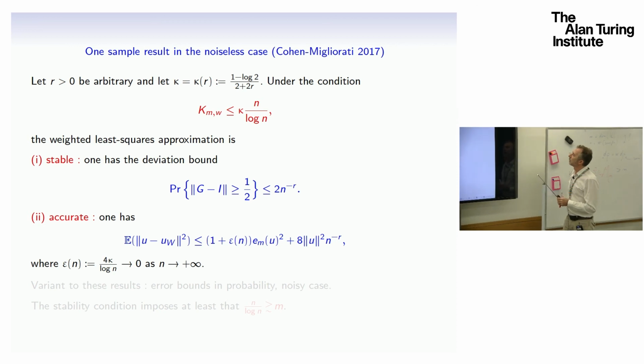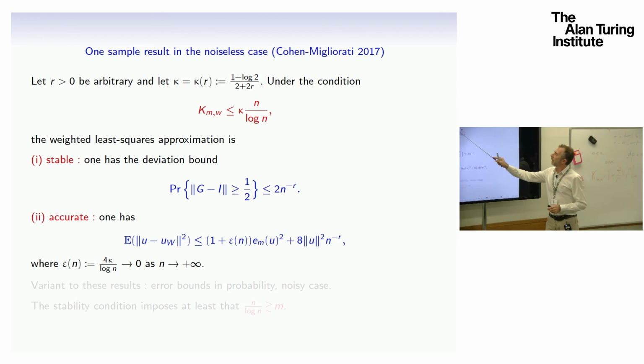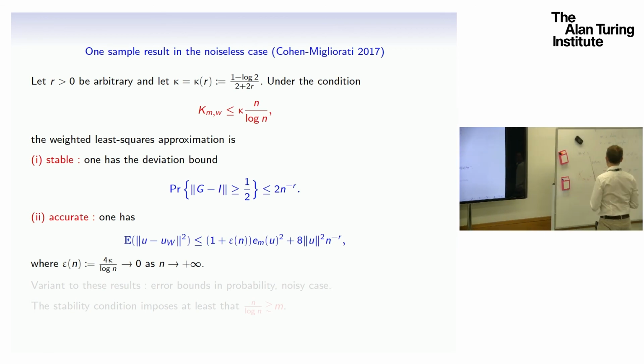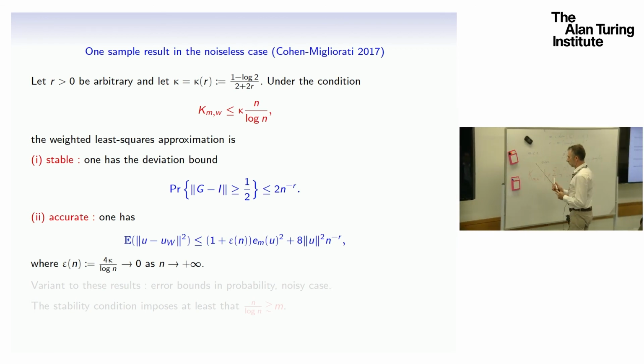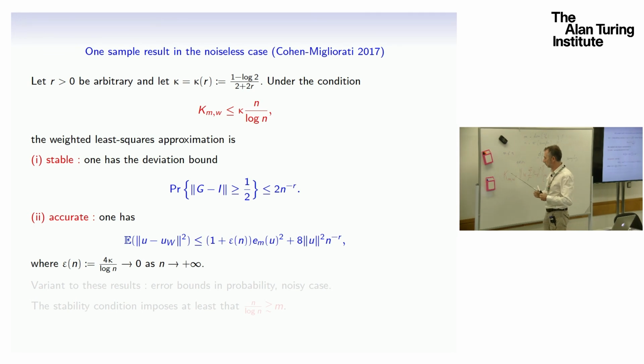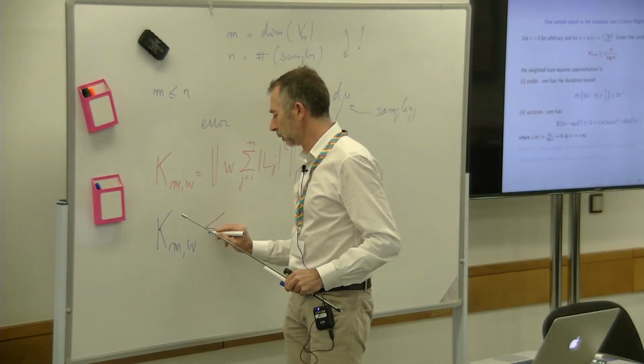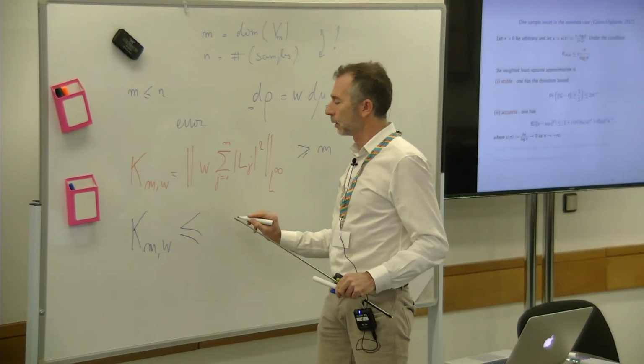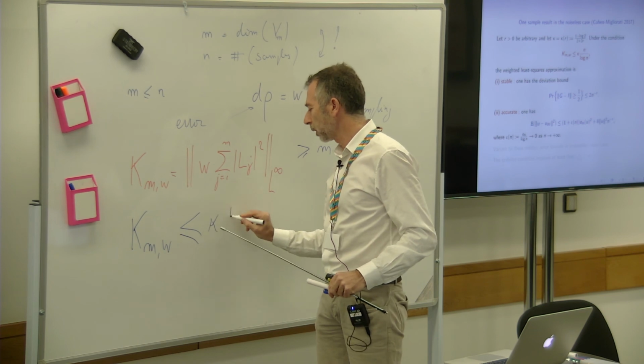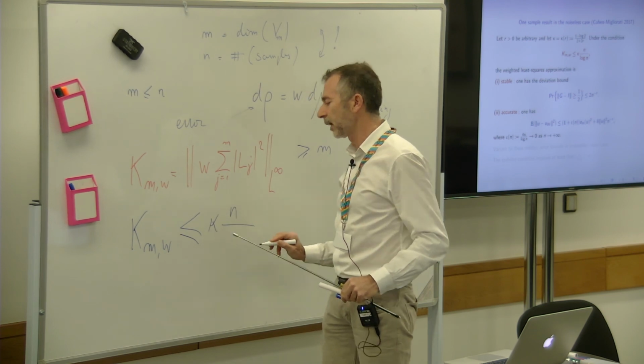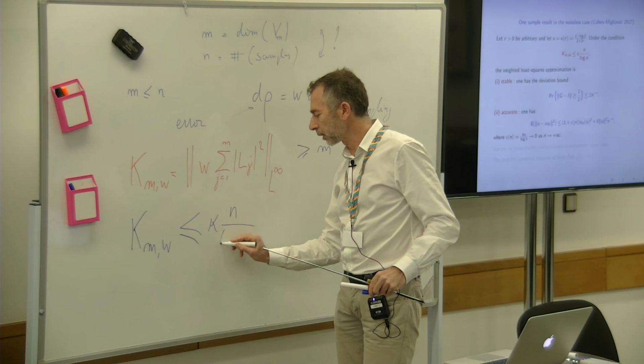And the trade-off is described as follows. We are asking the condition that this quantity KMW should be less than some constant kappa times n up to this log factor log n.